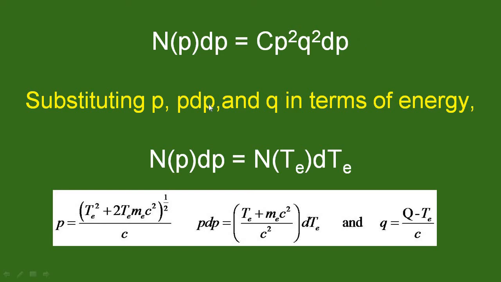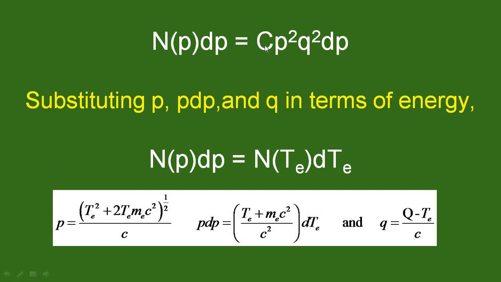And here, suppose you substitute for p, dp and Q. We have already written the expressions for p as (Te square plus 2Te me c square) whole raised to half by c, p dp as (Te plus me c square) by c square into dTe, and Q minus Te by c. That means you can write the values of p, dp and Q in terms of energy.